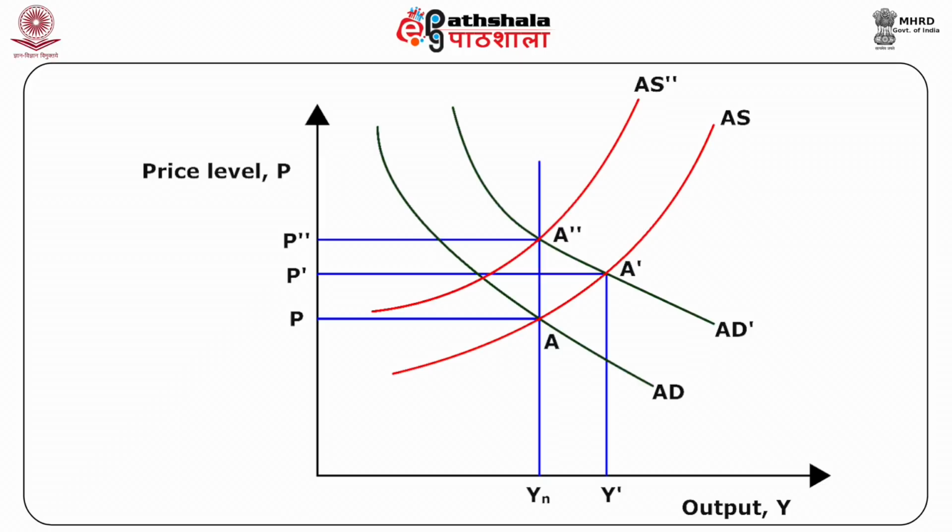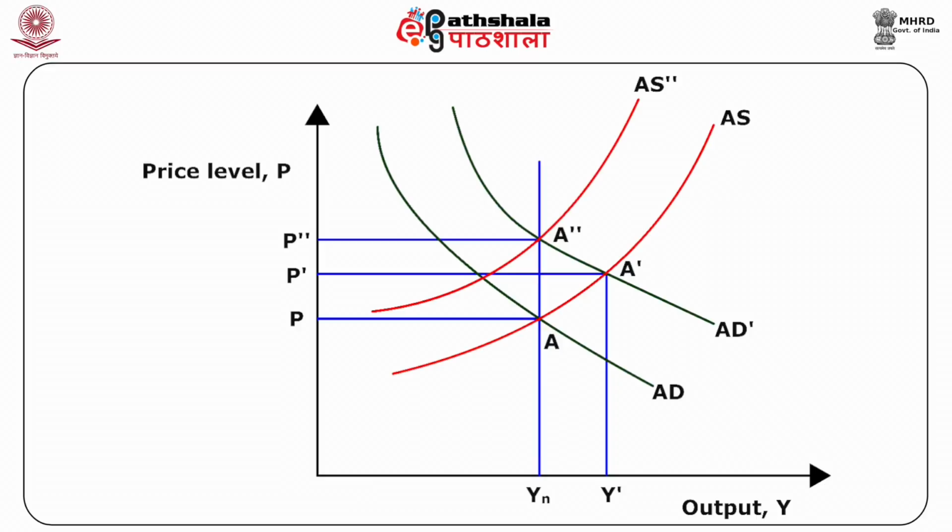This happens because the output in the short run is more than the natural level of output. The price level is higher than what the wage setters expected. They therefore revise their expectations, which cause the aggregate supply curve to shift up over time.